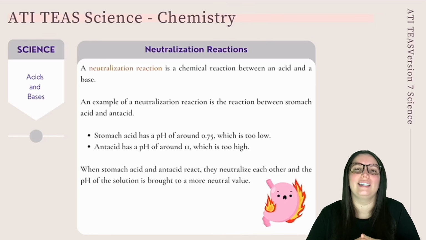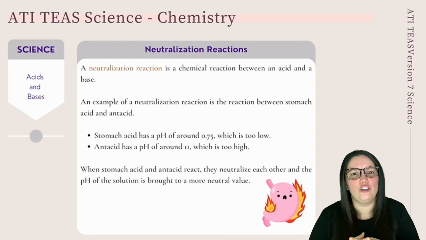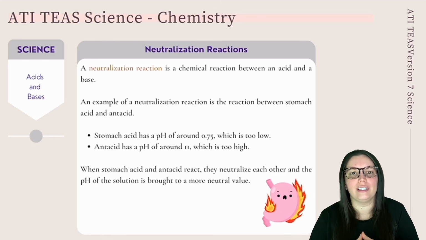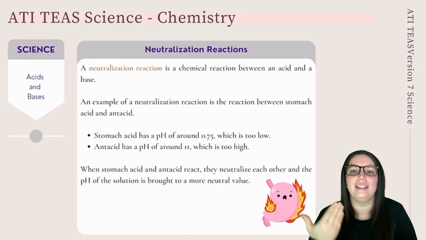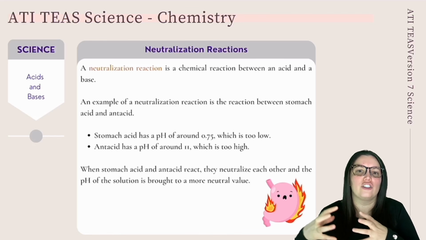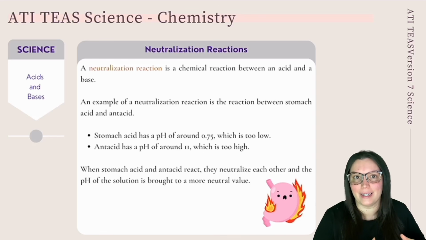And lastly, we're going to take a look at neutralization reactions. A neutralization reaction is a chemical reaction between an acid and a base. The products of a neutralization reaction are usually water and salt. Neutralization reactions are important because they help maintain the pH of a solution within a certain range. For example, a neutralization reaction is the reaction between stomach acid and an antacid.